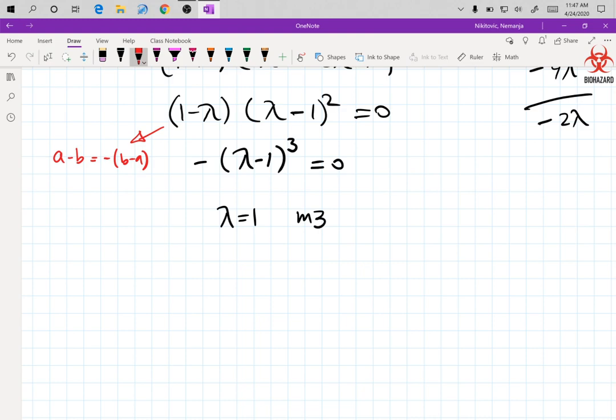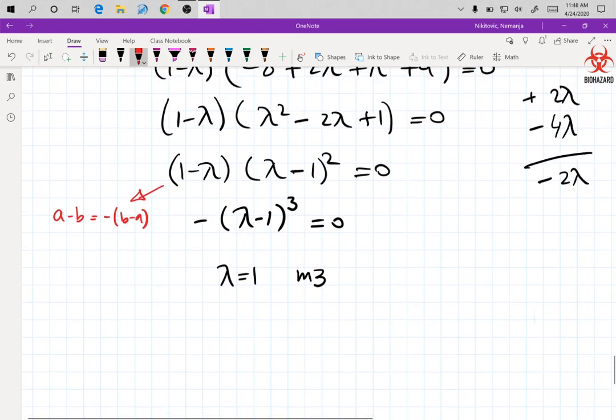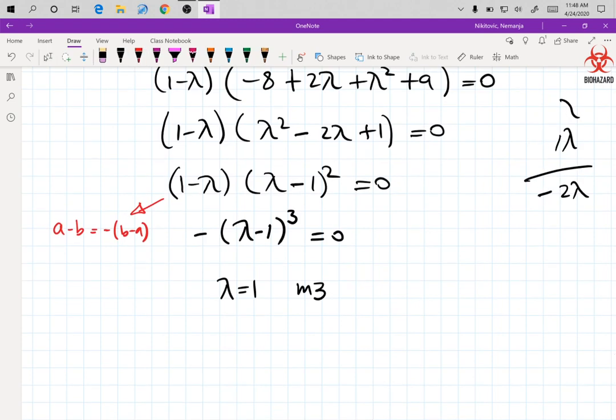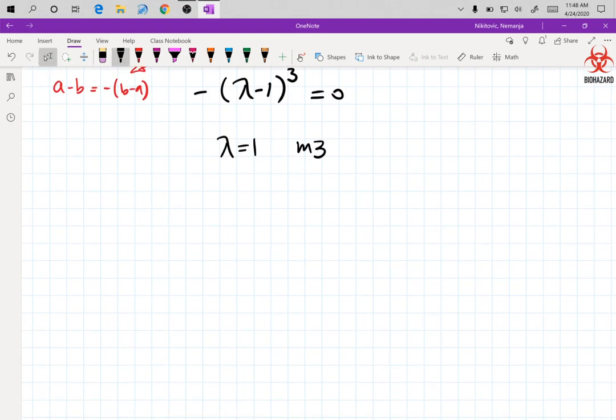But this minus doesn't change. There's way too many signs over here. All right, so lambda equals 1, multiplicity 3.